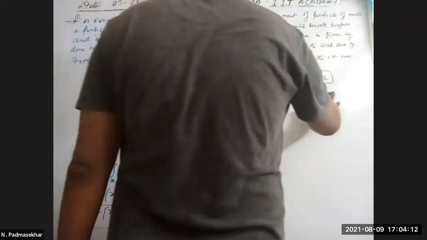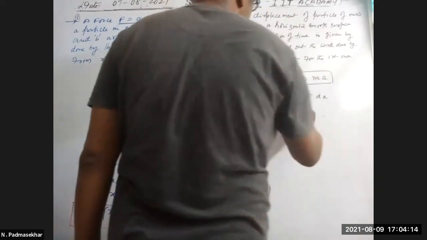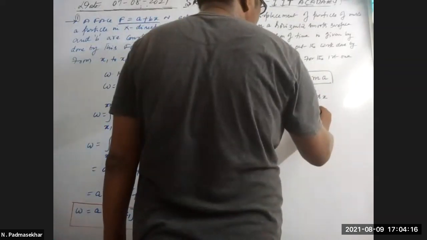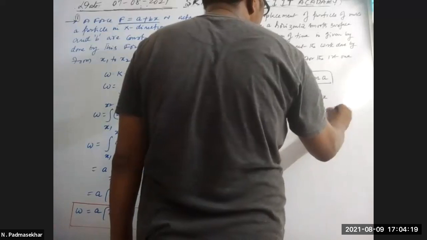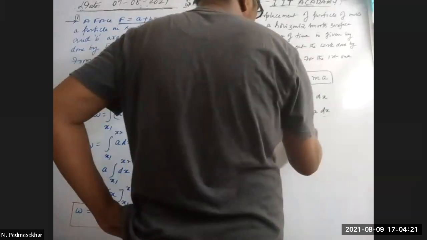So F into ds means F into dx here. F is equal to ma, into dx.